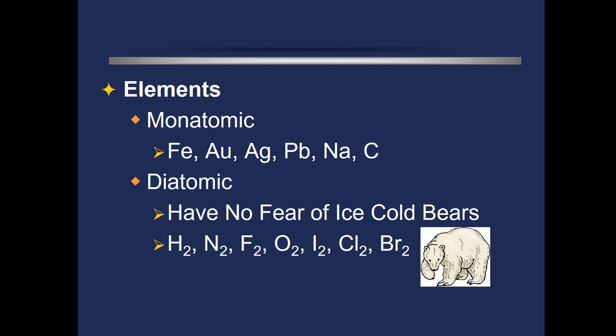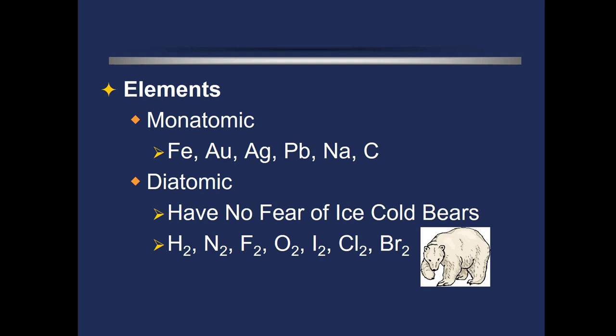So we have Fe is iron, Au is gold, Ag is silver, Pb is lead, Na is sodium, and C for carbon. These, again, are examples of monatomic elements, or atoms that can exist all by themselves. Let's look at diatomic elements. You do need to have these memorized.